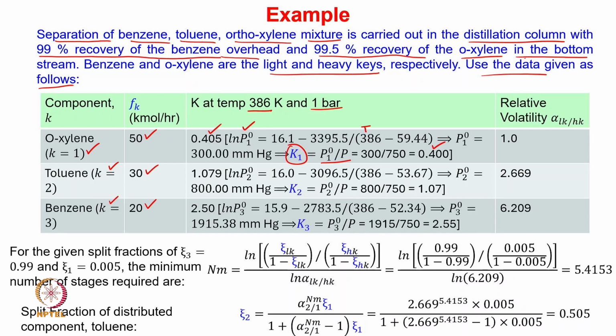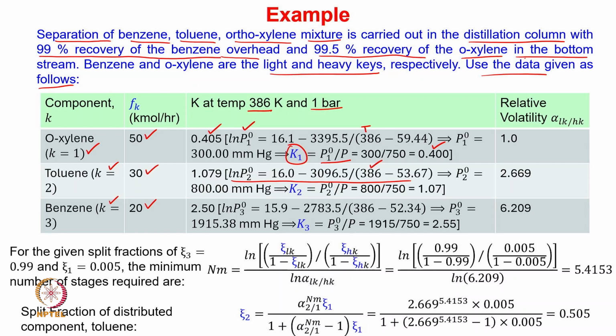In a similar way, the equilibrium constant for toluene is calculated again using the Antoine equation. This is the same Antoine equation which we have seen in the previous example. Remember, one example we solved in the last class, the same Antoine equation we are using here. With that equation we have obtained P2 at 386 Kelvin.